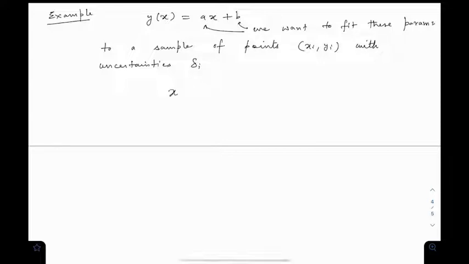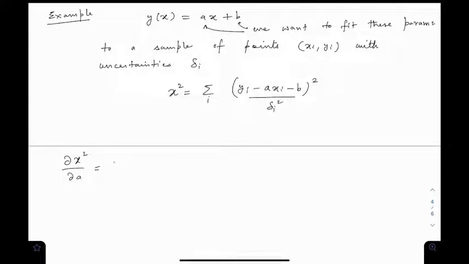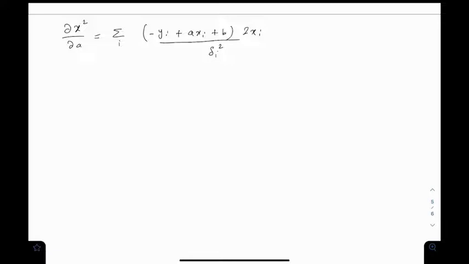So chi-square in this case is again defined as the sum of yi minus a xi minus b, and we minimize it by first computing the partial derivatives. So set the derivatives equal to 0.